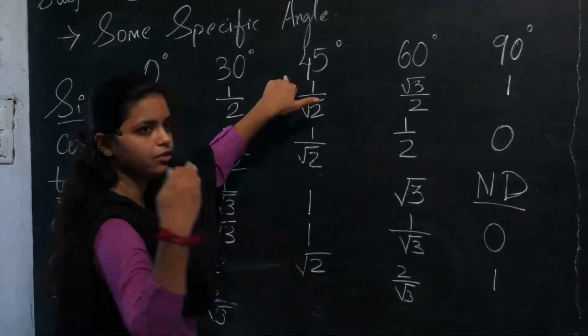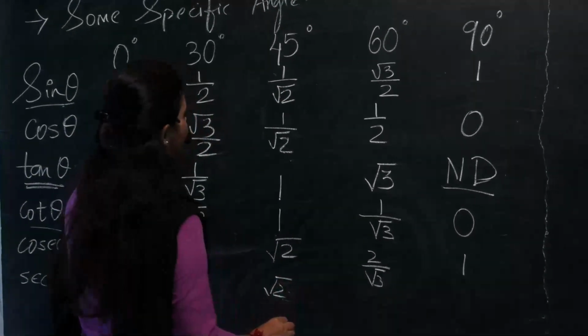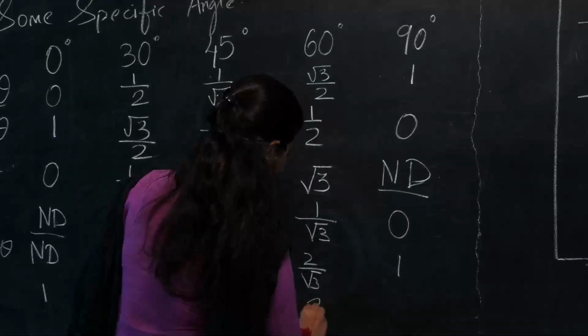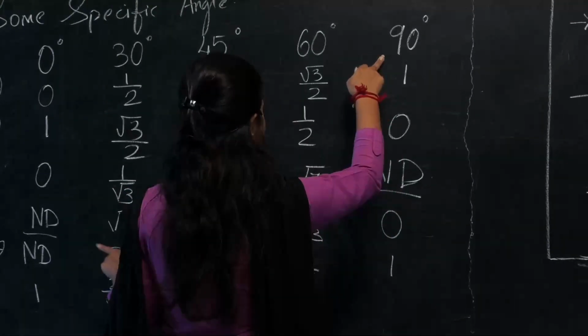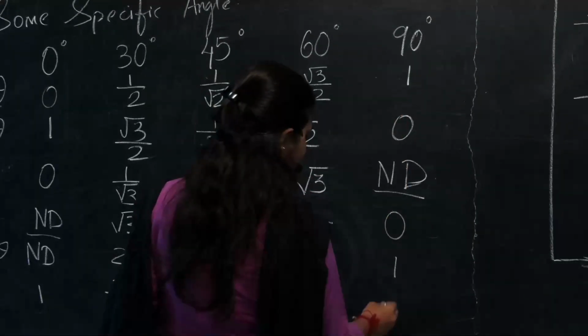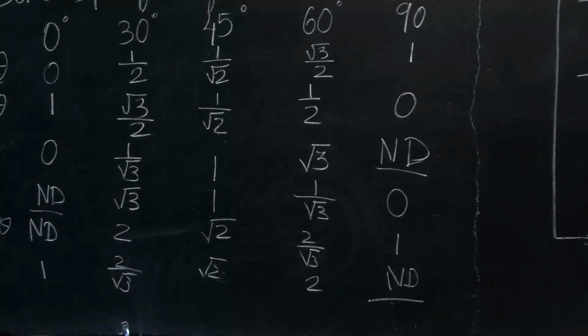Cosec 45 is equal to sec 45, then it will be root 2. Cosec 30 is equal to sec 60 degree, that is 2. And the last, cosec 0 degree is equal to sec 90 degree, and that is not defined. Clear? Clear till here?